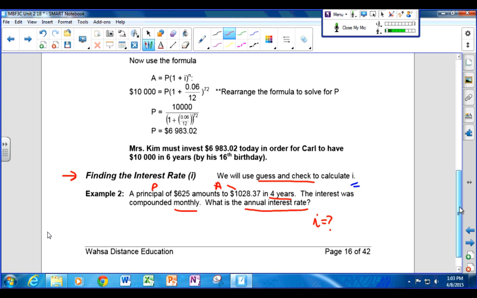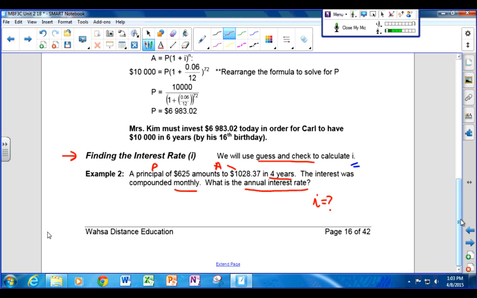Sometimes, for example, if you're buying a car, the dealer will give you a slightly better interest rate, but maybe you need a bigger down payment, or maybe they only have 4 or 5 year terms rather than the shorter term that you want. Your bank might give you a better rate. So sometimes you shop around, and going through this would give you an idea of the maximum interest rate you're willing to accept.